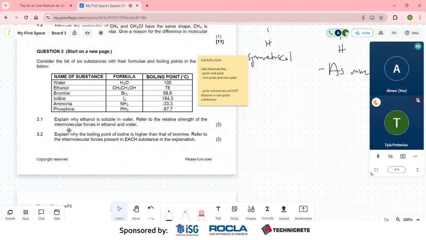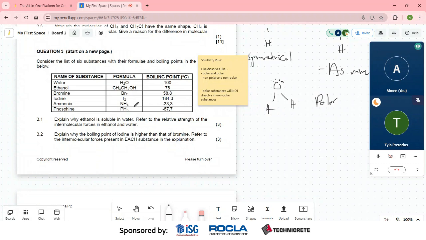So they're saying to you, okay, well, explain why ethanol is soluble in water. First things first, they've told you that you've got water, which is polar, because you know that the electron distribution is not equal: this oxygen actually has two lone pairs at the top, which are a lot more negatively charged than your hydrogens at the bottom.